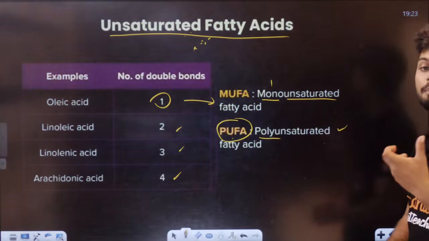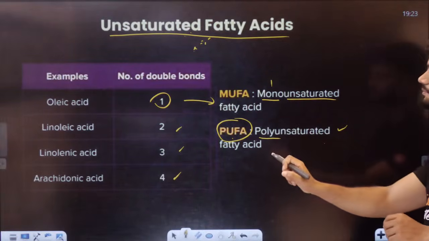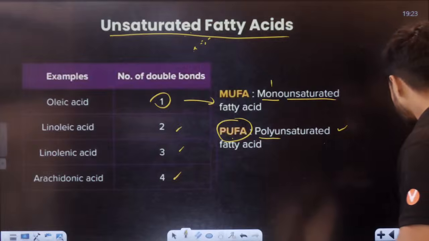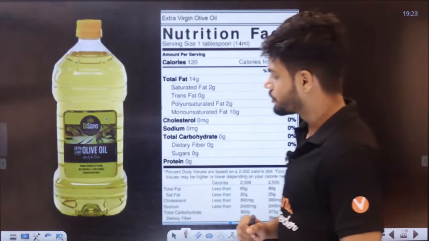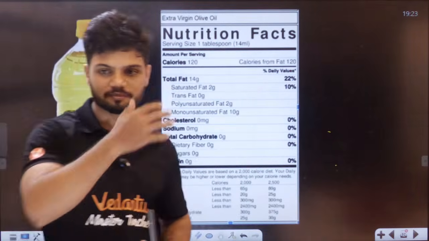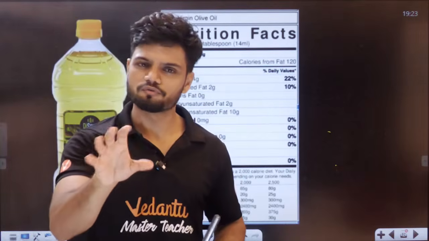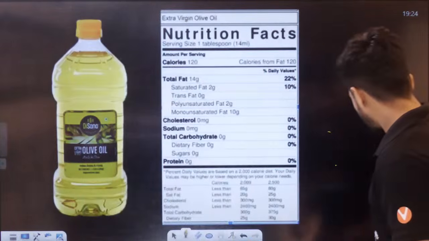PUFA has many, students, many. So polyunsaturated fatty acid. With that, fatty acid is also over. Done, students. That's why we say it's good for health. Generally, we say it's good for health. Understand, students?